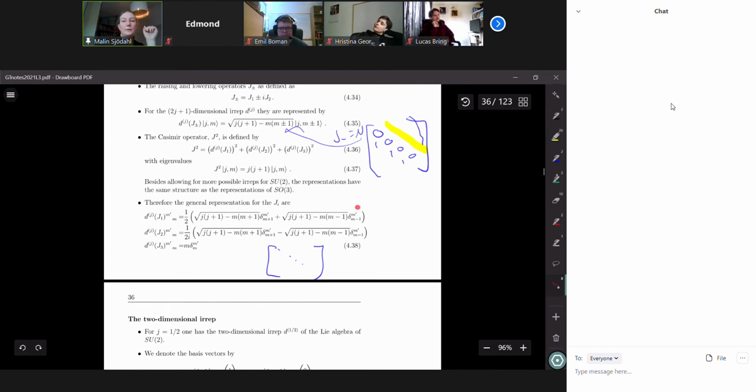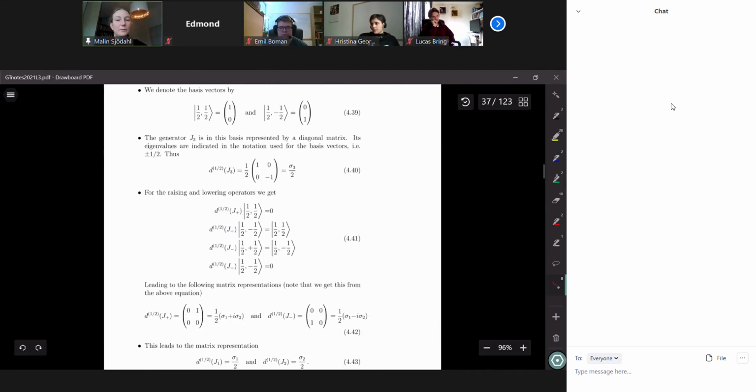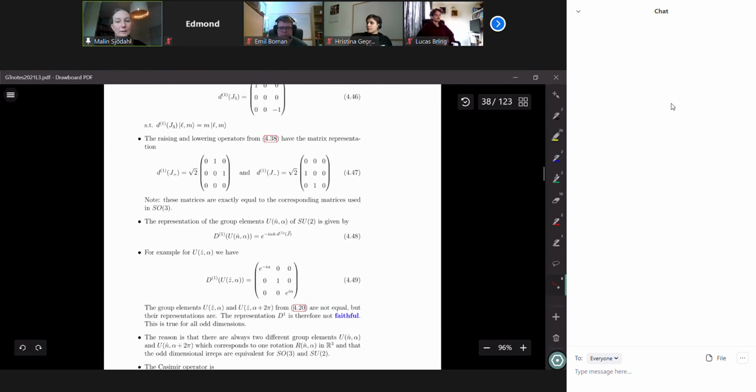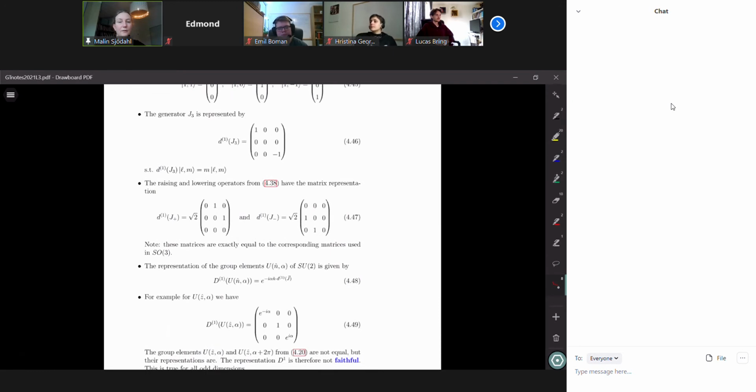So either from this general form here that we wrote down, or from this form here, we can figure out the shape of J plus and J minus by just evaluating the square root here. And doing this, we find these forms of J plus and J minus. And they're actually exactly the same that we had for SO(3), because this is our representation that we have in exactly the same form for SO(3) as well.